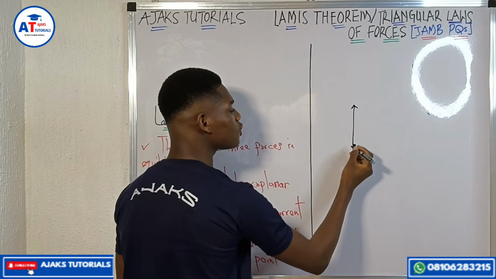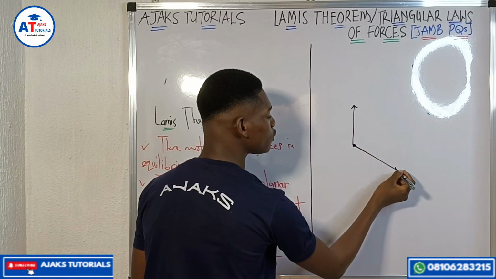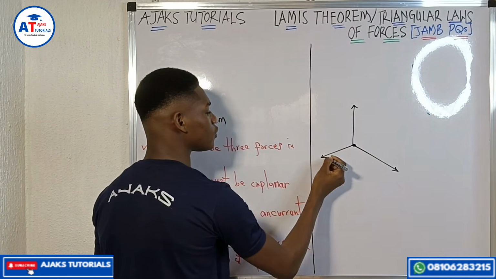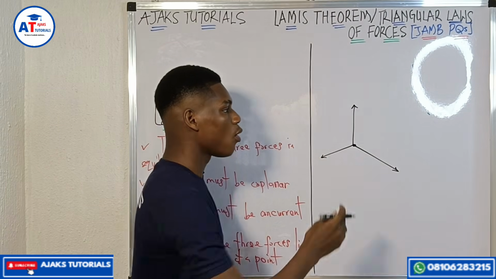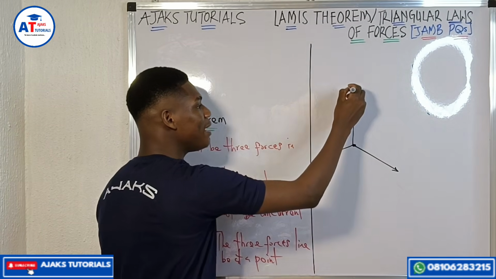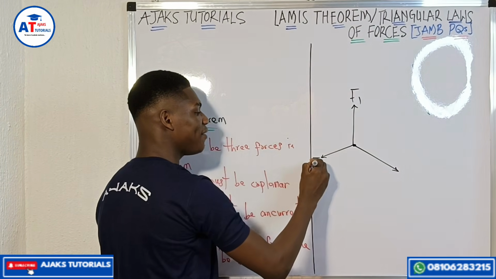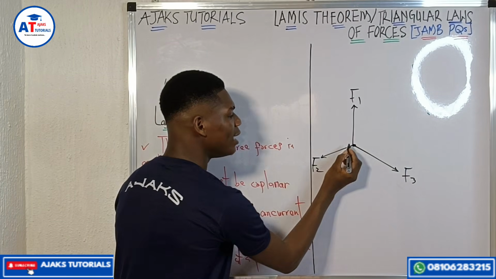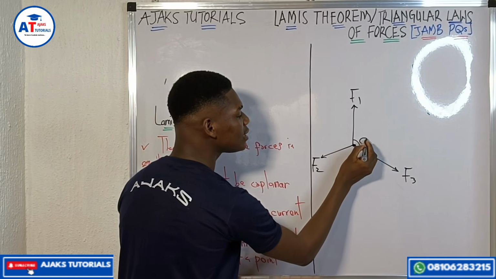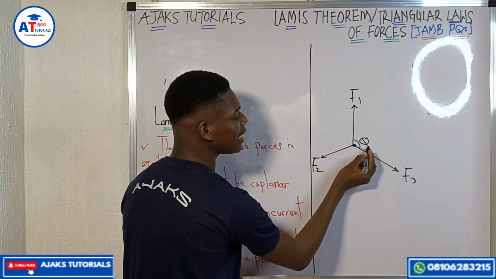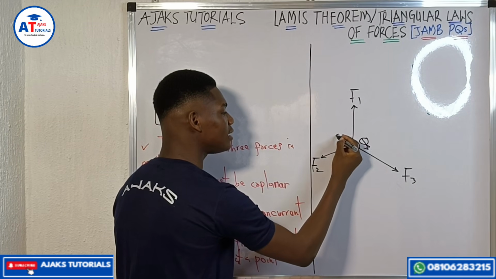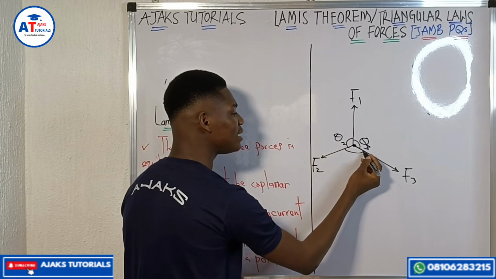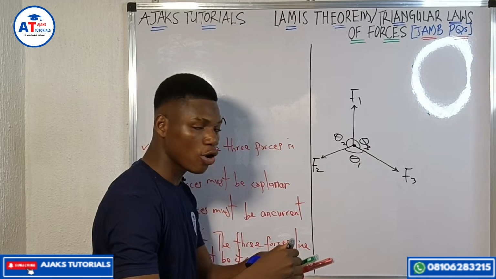Let's say one force, another force, and another force. Now let me name these F1, F2, F3. Let's say this is theta 3, this is theta 2, and this is theta 1. That's the angle between each of the forces.